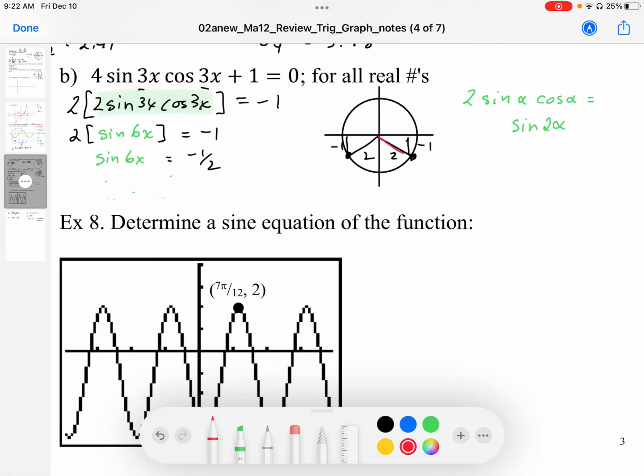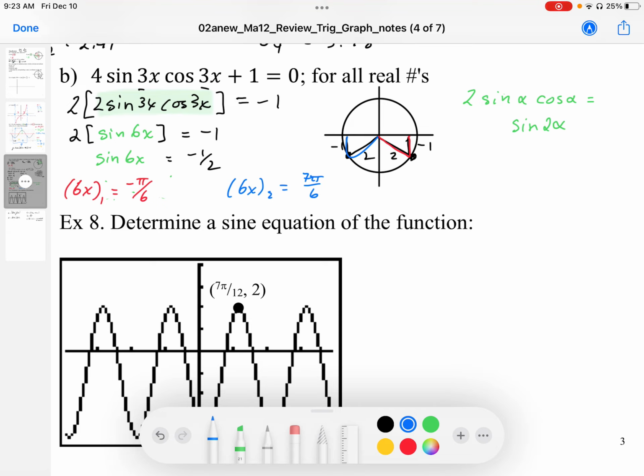So this one over here, that one is going to be the one I'm going to call theta 1. That's going to be at -pi over 6. And then we'll have another one over here, the one in quadrant 3. We're going to call that theta 2, and that's going to be 7 pi over 6.